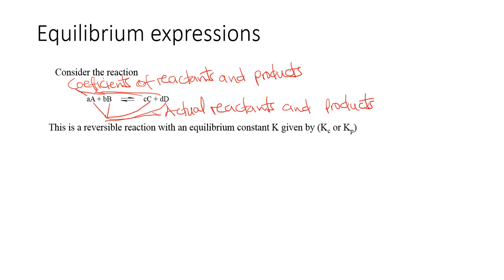So when you have an equilibrium reaction like that, a reaction that is reversible at equilibrium, we can write down an expression that will give us an equilibrium constant, that is K. So you can have an equilibrium constant based on concentration.